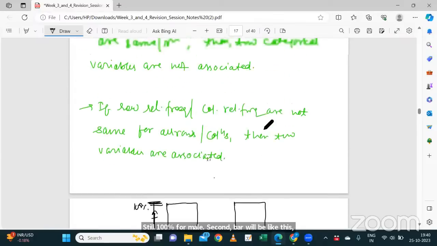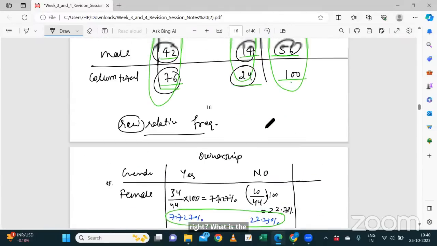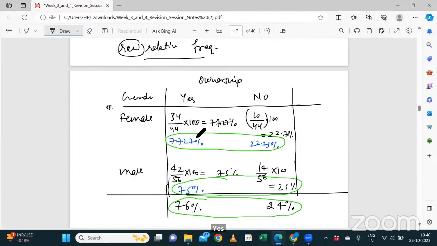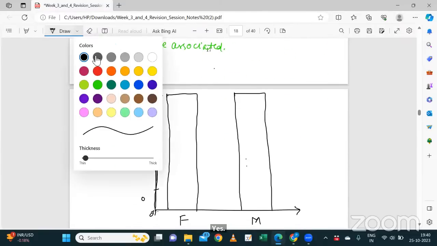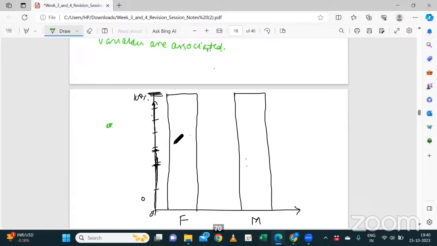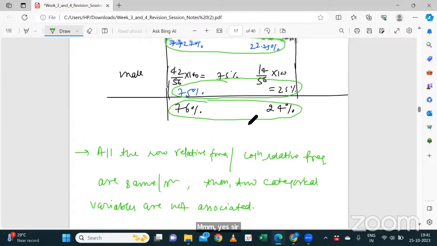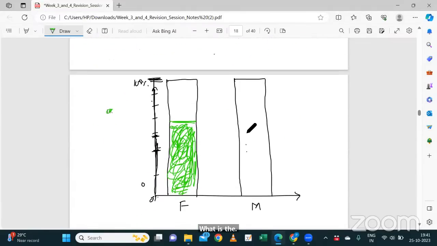What is the percentage of females owning a phone? 77.27. I'm representing it with green color. Suppose 77.27 is somewhere here. This green represents ownership of the phone. What is the male percentage? 75%.